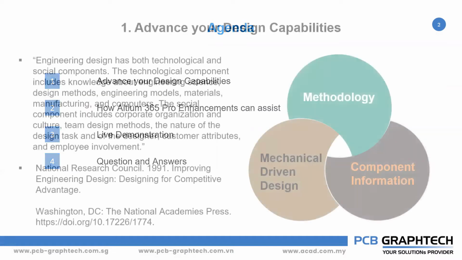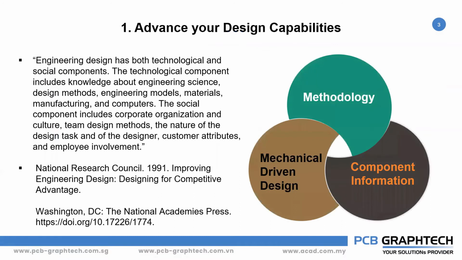Now we'll go for the first topic, advance your design capabilities. In 1991, there was an article named Improving Engineering Design: Designing for Competitive Advantage. It highlighted that engineering design has both technological and social components.